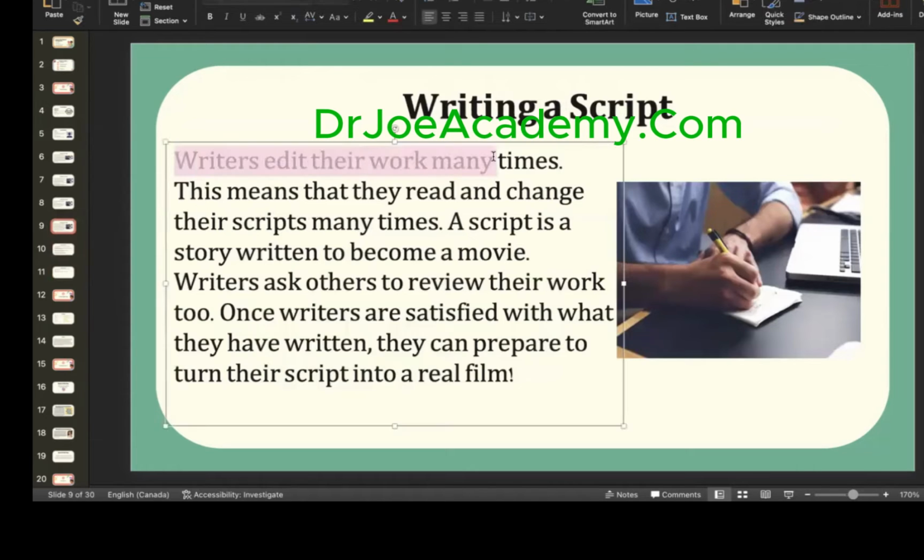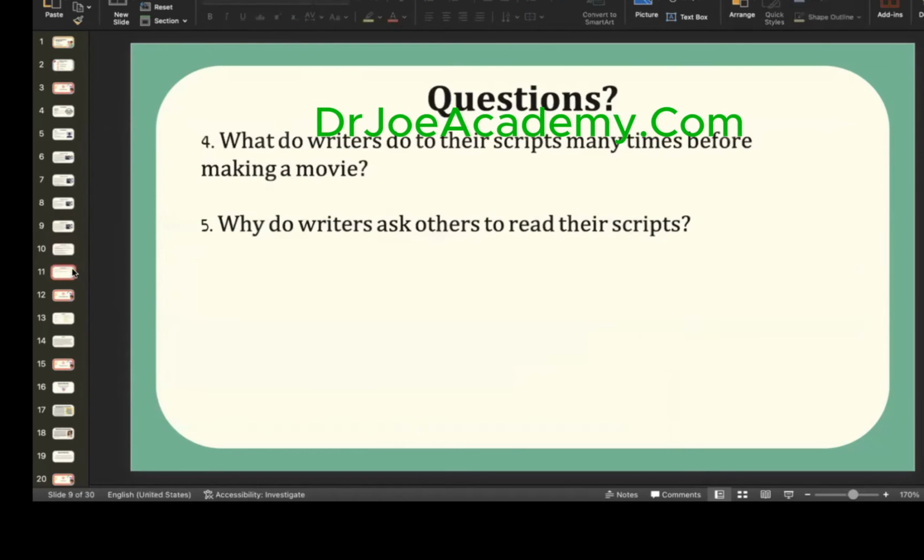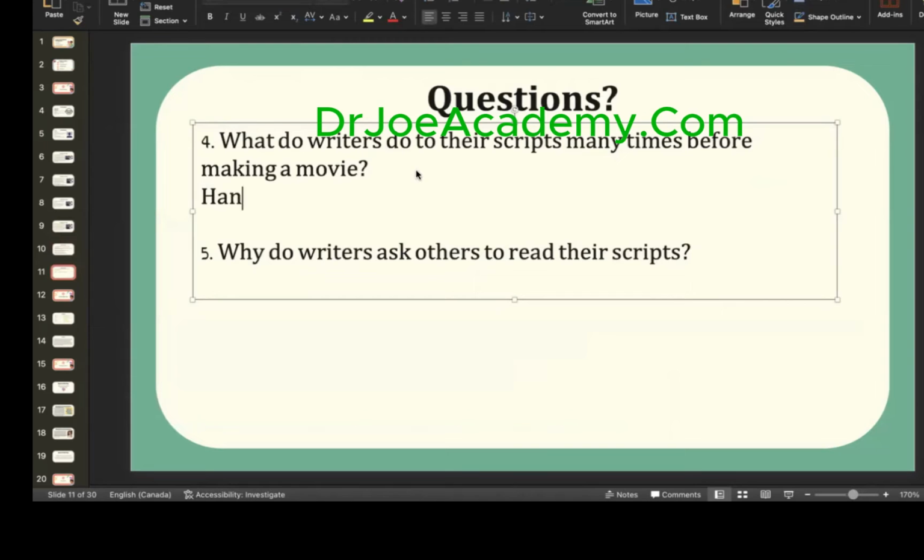Do you remember what they do? Writers edit their work many times. Beautiful. Good job, Hannah. So Hannah says, writers edit their work many times.